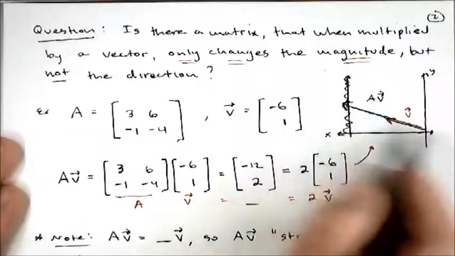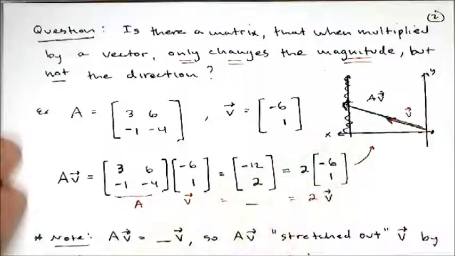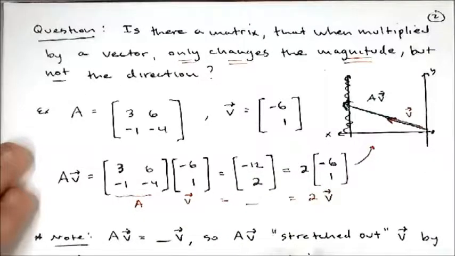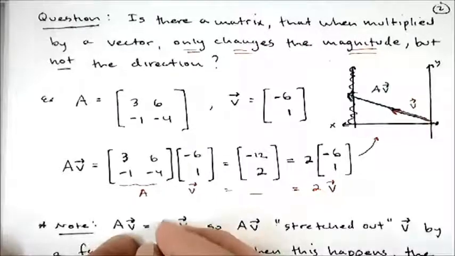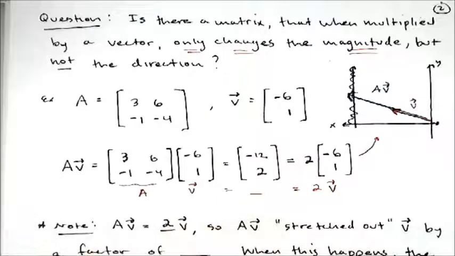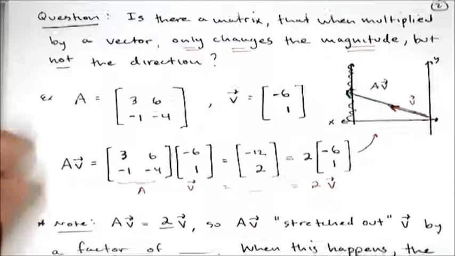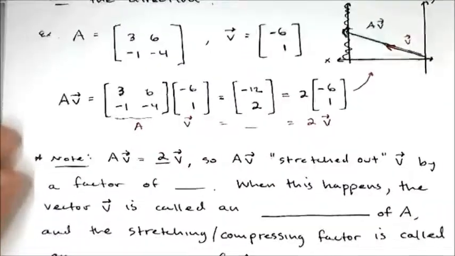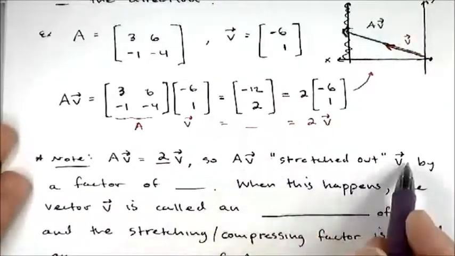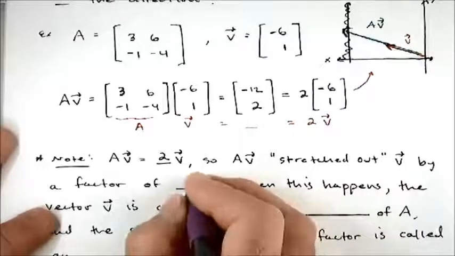So it's not changing the direction, it's just affecting the magnitude. You can think of it as stretching it out. Okay, so let's go down here. So A times V is equal to 2 times V in this case, which means we can think of that as stretching out vector V by a factor of 2.